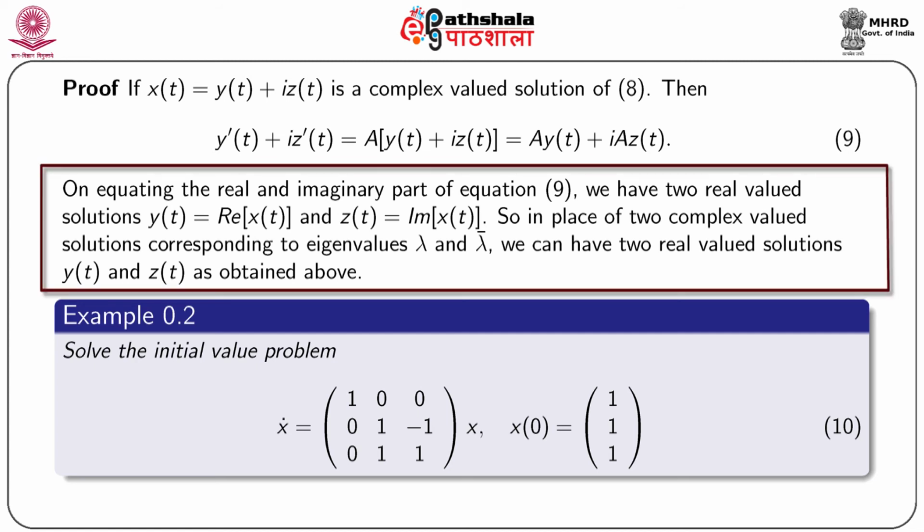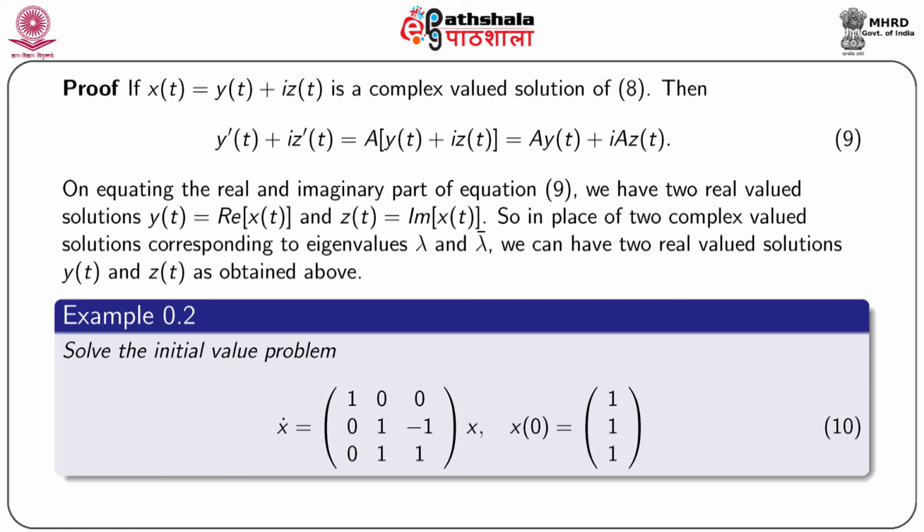On equating the real and the imaginary parts of equation 9, we have two real valued solutions, y(t) equal to the real part of x(t) and z(t) equal to the imaginary part of x(t). So, in place of two complex valued solutions corresponding to the eigenvalues lambda and lambda bar, where lambda and lambda bar are complex conjugates, we can have two real valued solutions y(t) and z(t) as obtained above.